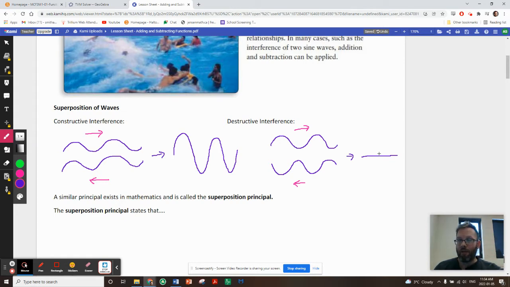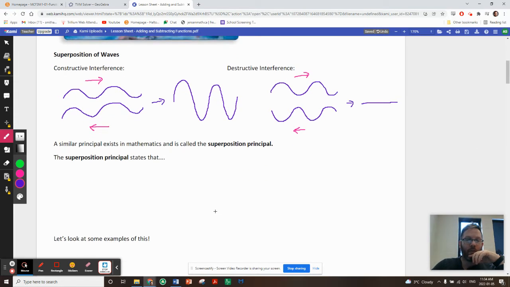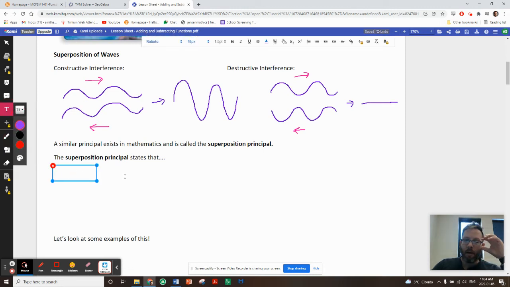And in math, there's actually a similar principle, the superposition principle. But here's what the superposition principle says in mathematics. This definition might have a couple of terms you haven't heard before. That's okay. All right, the superposition principle has to do with adding two functions together.